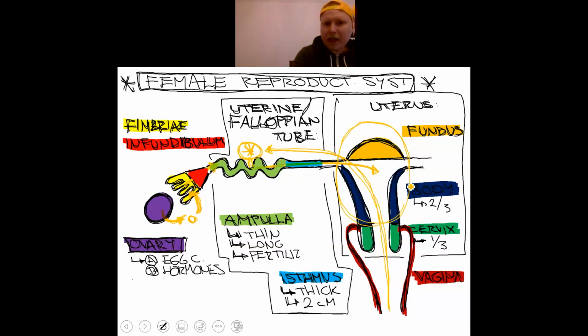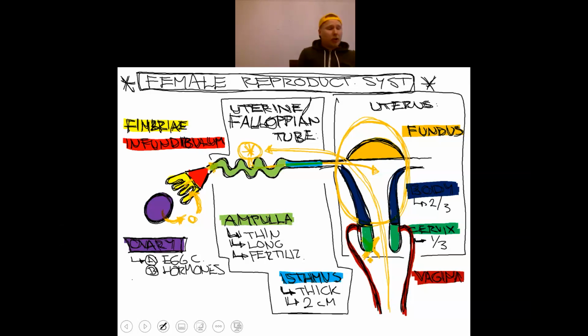The reason why we don't want the egg cell to implant into the cervix is that if this egg cell implants to the cervix, there is a chance that it then forms the placenta so that the placenta overlies the opening of the cervix. And as a result, there's a risk that the placenta rips off before the baby is born. And that would be, of course, very catastrophic and problematic.